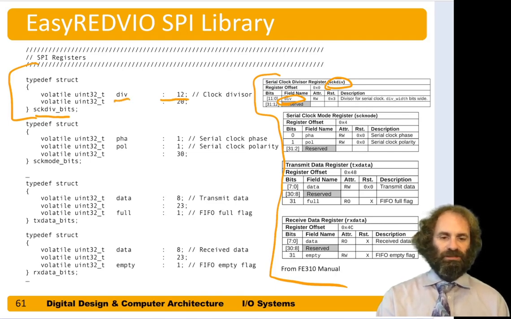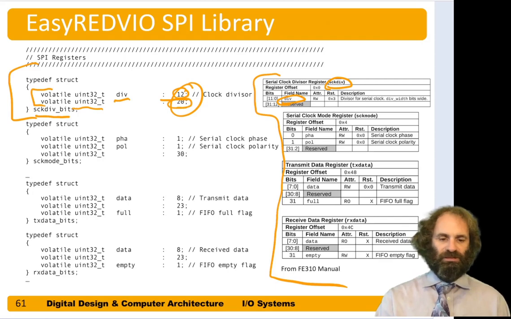So the syntax of this structure, this is called bit fields, and the overall register is 32 bits, uint32. But of those 32 bits, the bottom 12 bits indicate the divisor, the next 20 are unused.